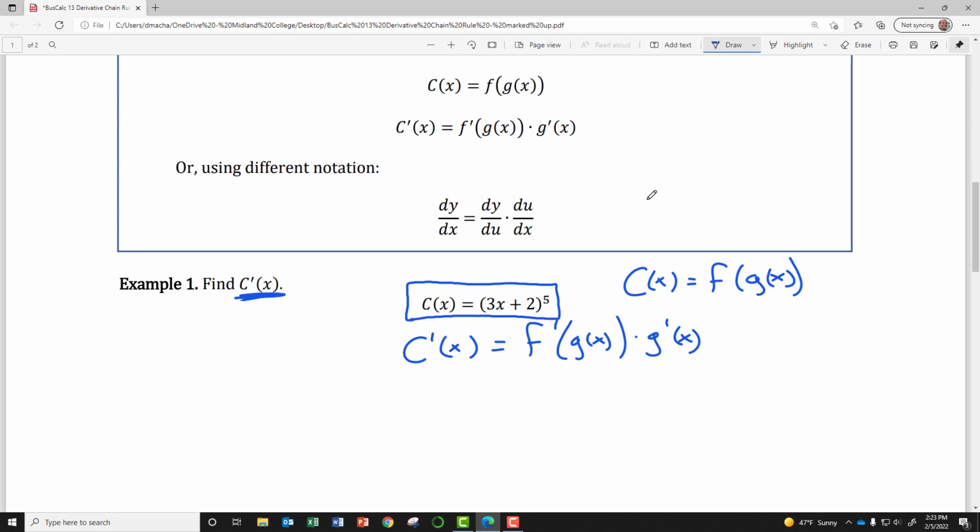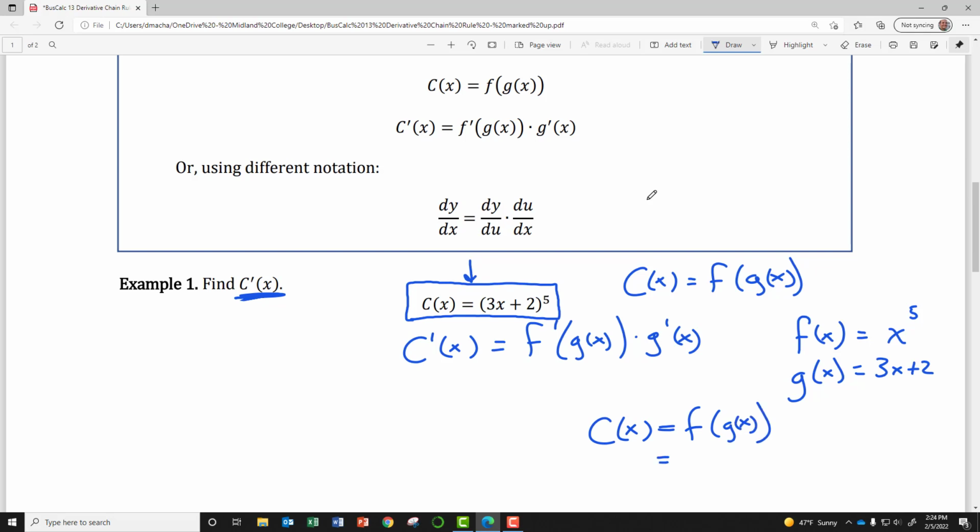So what I see when I look at this c of x function, I say that outside function must be the function x to the 5th. And my inside function must be the function 3x plus 2. And the reason I say that is because whenever I say that my whole function is f composed with g, well then my f function is just x to the 5th, but instead this is going to be g of x to the 5th power, and g of x is just 3x plus 2, so I get 3x plus 2 to the 5th power.